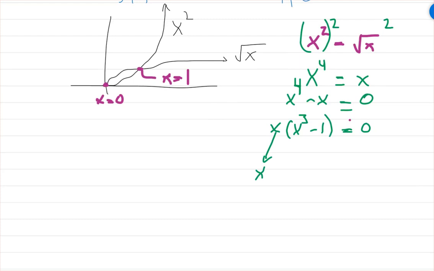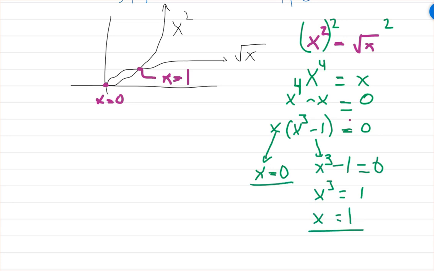Set that equal to 0, and set that equal to 0, and we get x equals 1 and x equals 0. So if you know what these graphs look like, you can find them without any work, or you can find them algebraically. Okay, so back to our problem at hand.